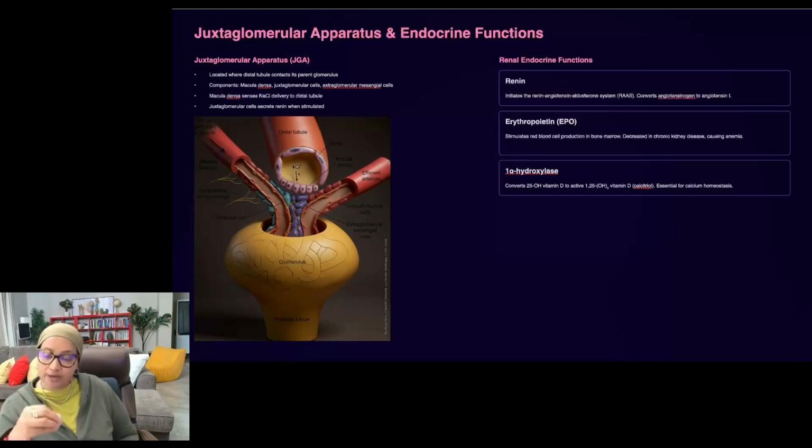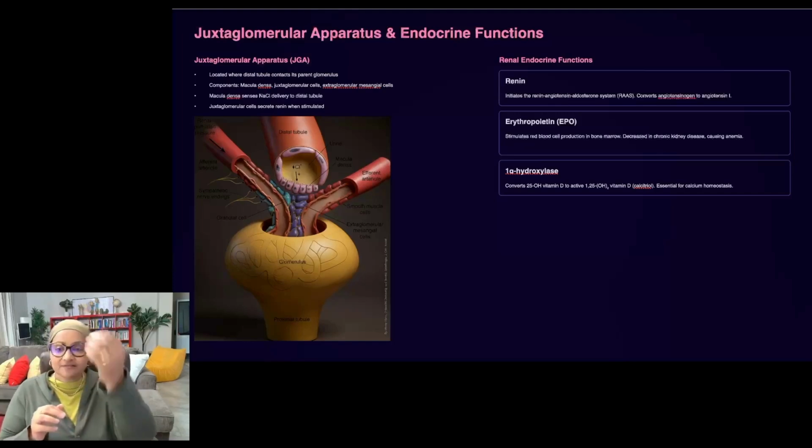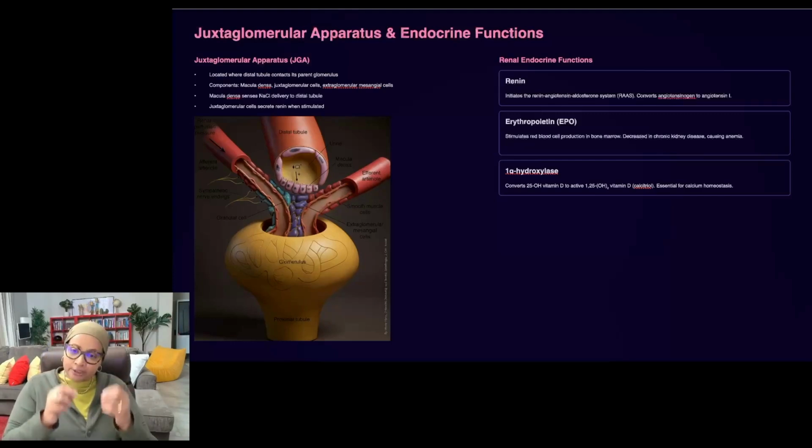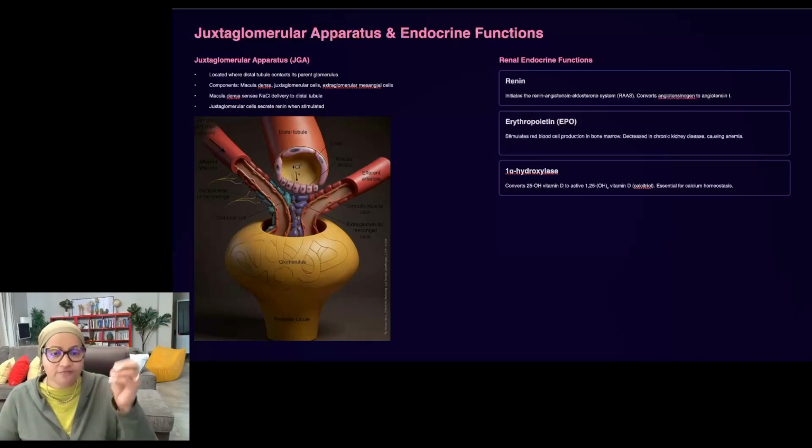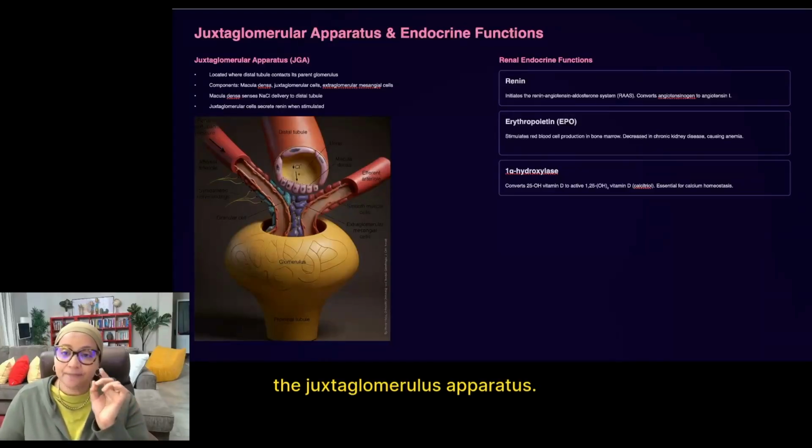We spoke about some of the details of how this function is performed. But there is another function, the endocrine function. The kidney is actually an endocrine organ that produces certain hormones. One of these hormones is renin, and renin is produced by an apparatus called the juxtaglomerulus apparatus.